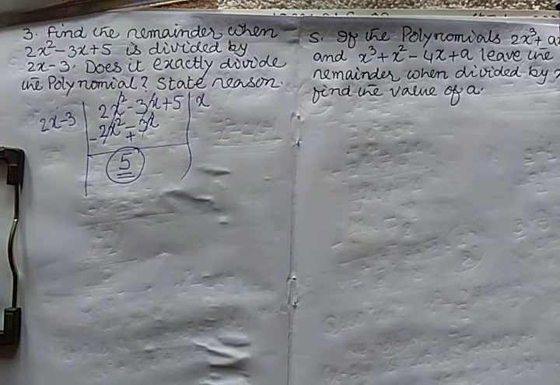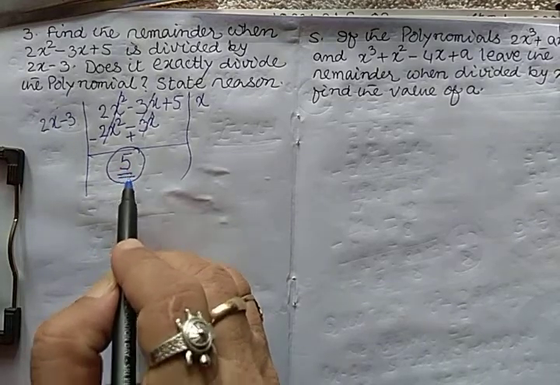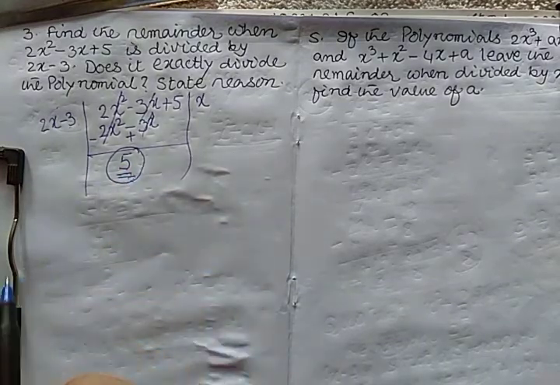So this 2x minus 3 doesn't exactly divide the given polynomial 2x square minus 3x plus 5. What is the reason? The reason is here you got 5 as remainder. Clear?